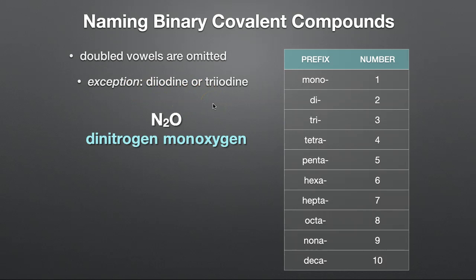If there's a vowel in front of oxygen, like an O or an A, we'll usually drop that O or A from the prefix so that you don't have 2 vowels right there. We don't usually drop the I's.